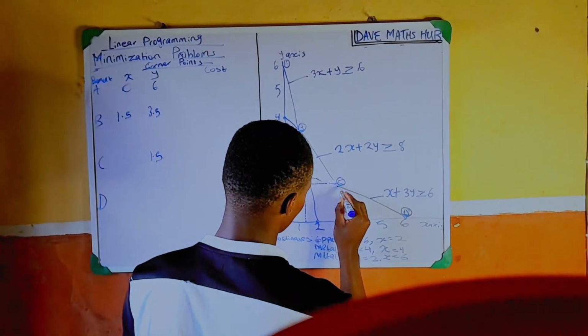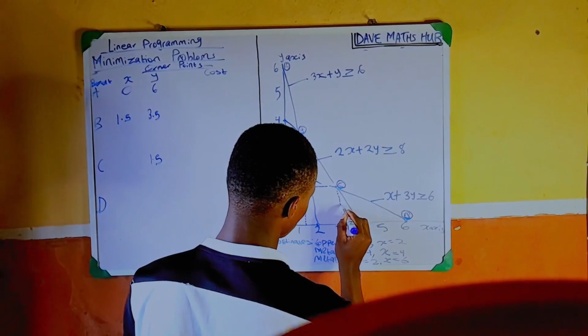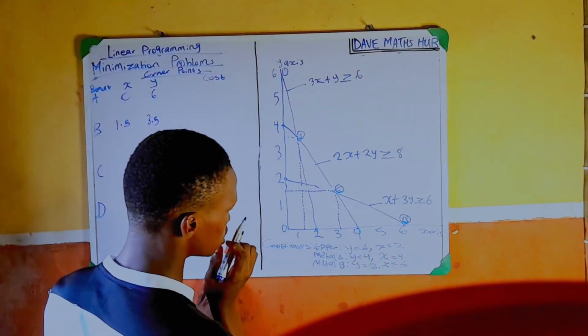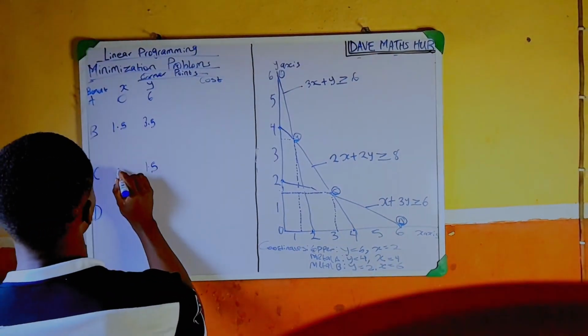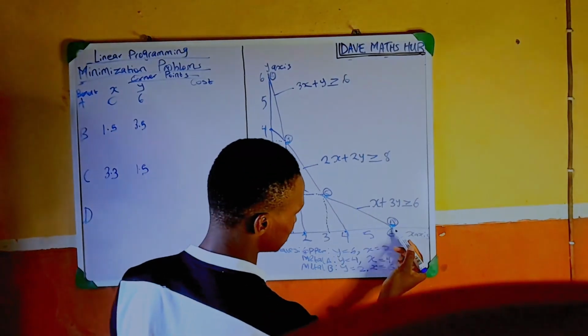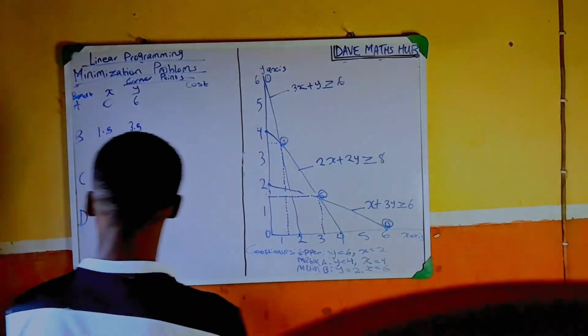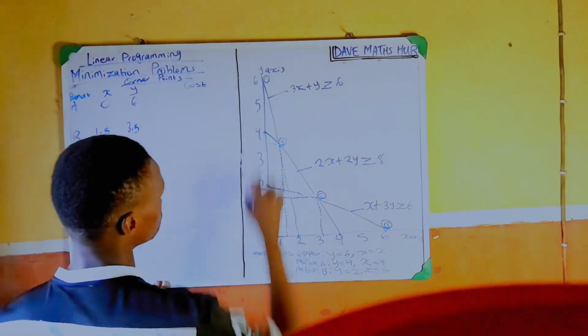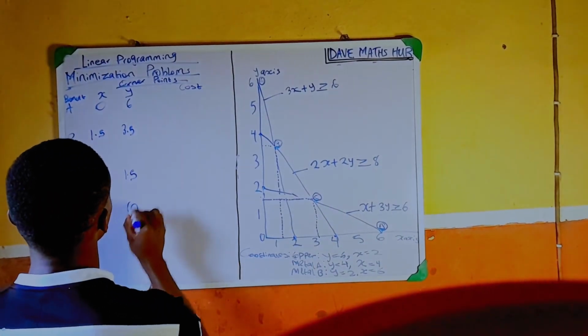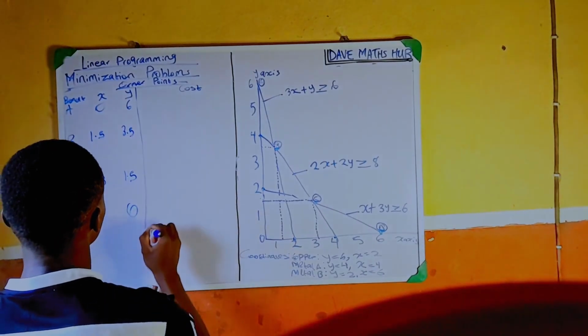Then x is almost close to 3, so we can say 3.3. And D is touching 6 already for x, and for y to meet it, y has to come down to 0. So we can begin.